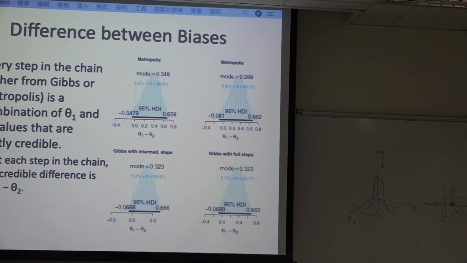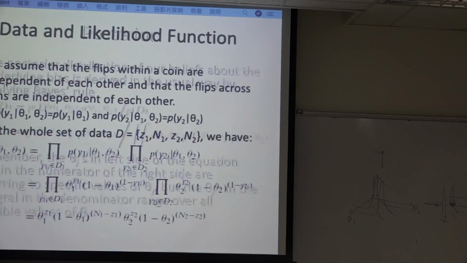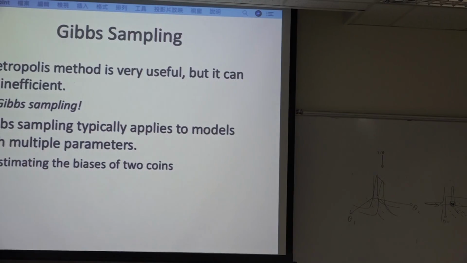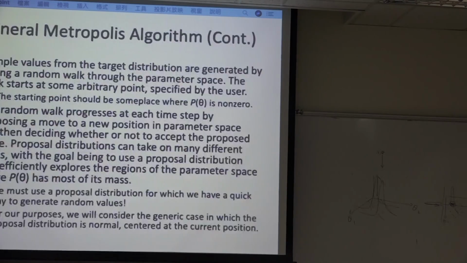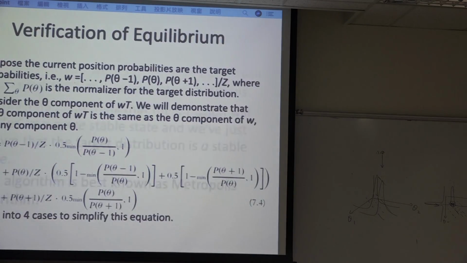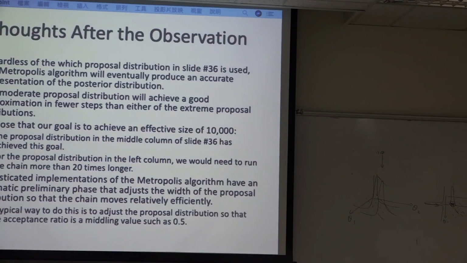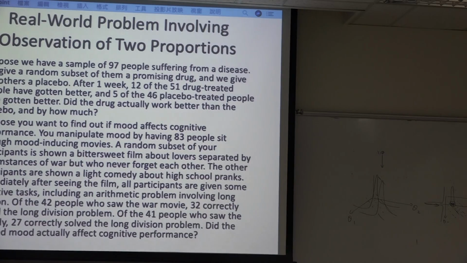Because eventually, remember the question that we want to answer at the beginning: we want to estimate the biases of two coins, and they are different by how much?